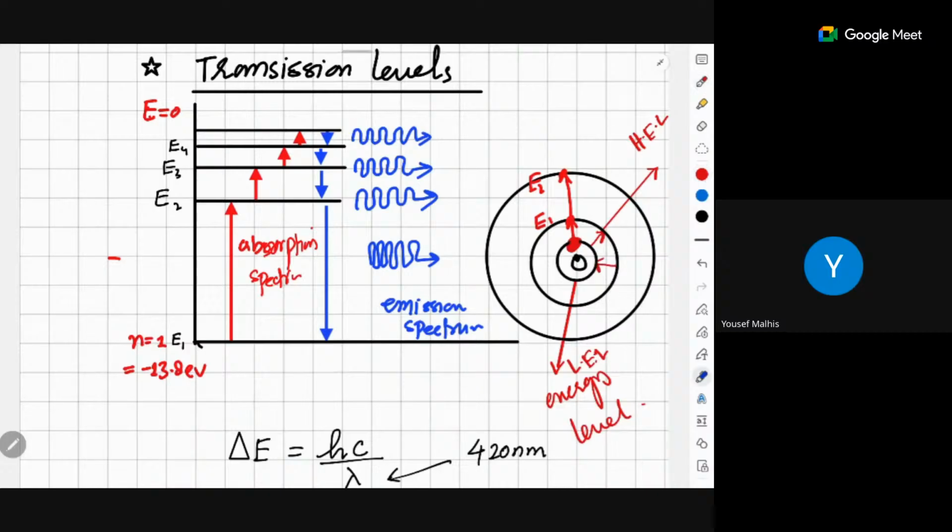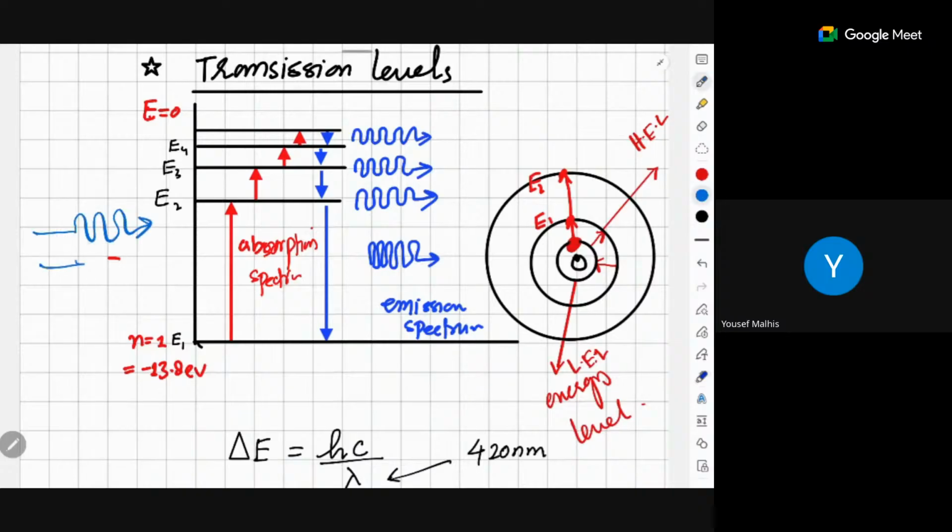And this is what I have shown you here, that when the electron is in energy level E1, it absorbs the energy. When it absorbs the energy, it gives rise to the transition from the lower energy level to the higher energy level, and we call it an absorption spectral line. Why? There is a theory behind it.